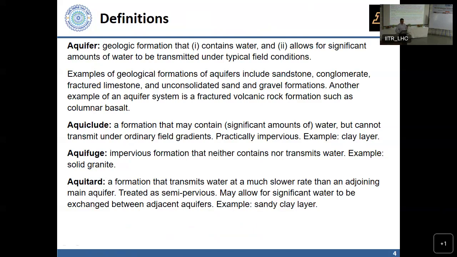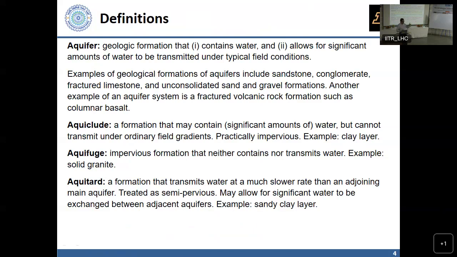Aquitard, what we think of as semi-pervious or semi-confining layers, that's a formation that transmits water, but at a much slower rate than what would be the main aquifer. So aquitards or semi-pervious layers can exist as the bottom or top of aquifers, allow leakage through them, but their conductivities are typically orders of magnitude less than the main aquifer.